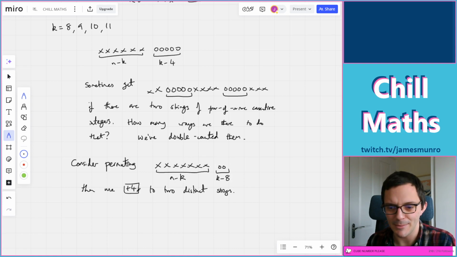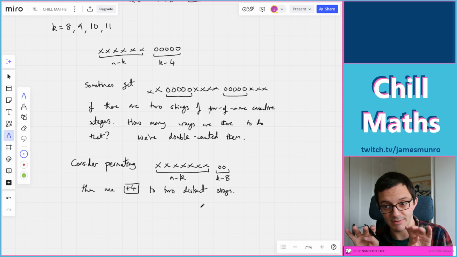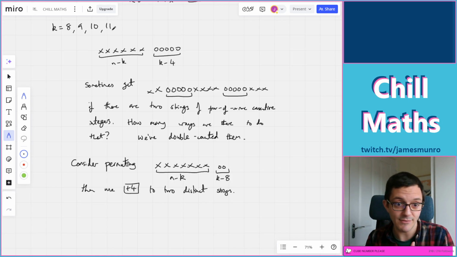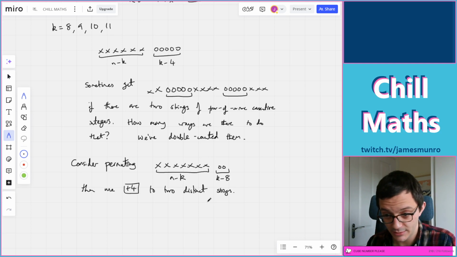I'm going to add 4 to 2 different strings, because I want to pump up 2 of them to be large strings. And the control here, the reason I'm only going up to 11, is to make sure that there's exactly 2 that I get out at the end. And I'm choosing distinct strings so that I don't, in this bit, count any ones that just have a really long string. What does that look like?